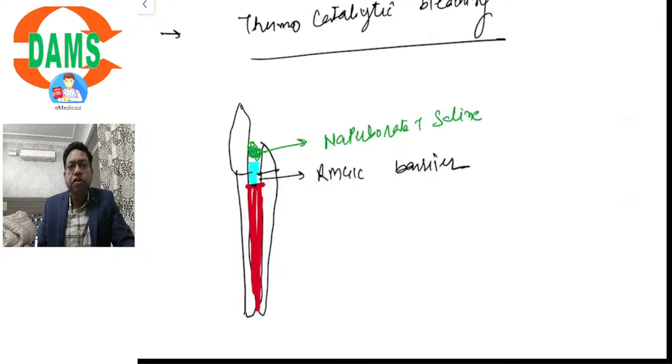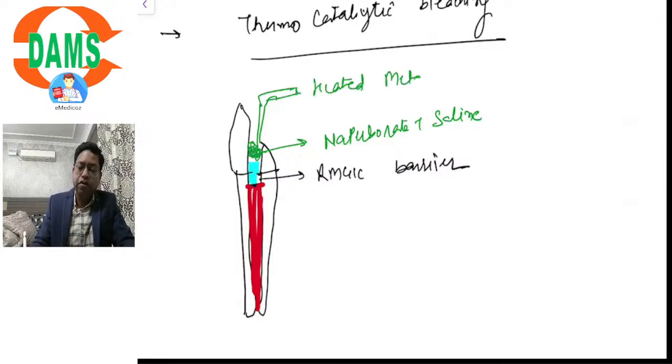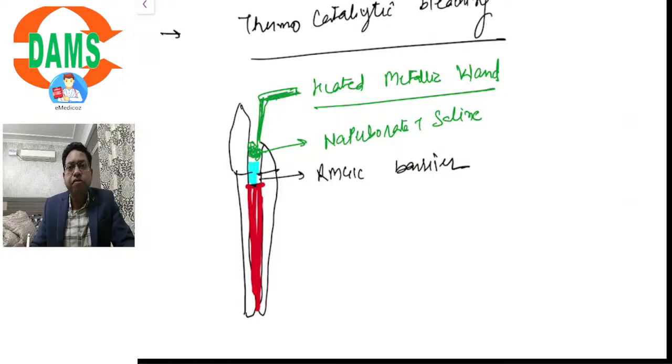Now, instead of closing the tooth from above and sending the patient back, we would catalyze the breakdown of sodium perborate with a heated metallic wand. A heated metallic wand is placed inside the pulp chamber. It is a stick-like device.